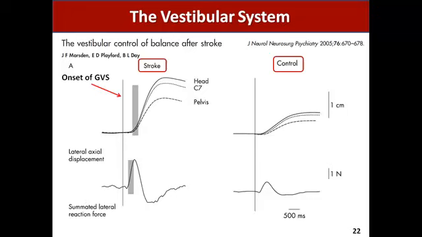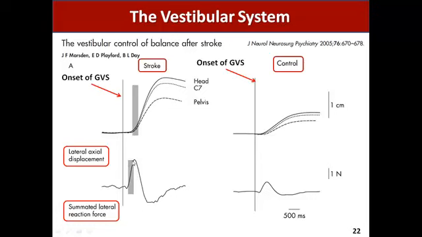Those participants that were not affected by stroke, that were considered to be healthy in that regard, they did experience a sway in the same direction as those patients that had experienced stroke, but to a much less magnitude. In terms of lateral axial displacement, in terms of the summated lateral reaction force, this graph illustrates the large impulse.